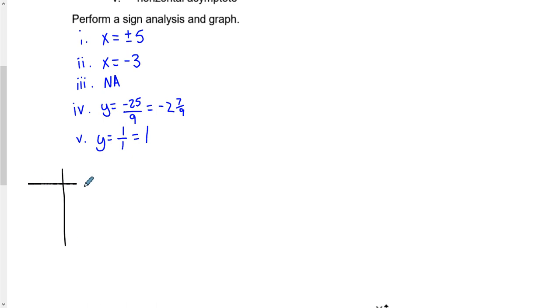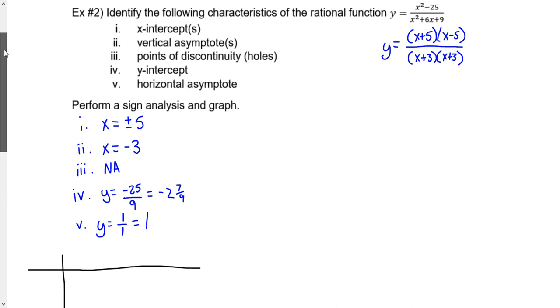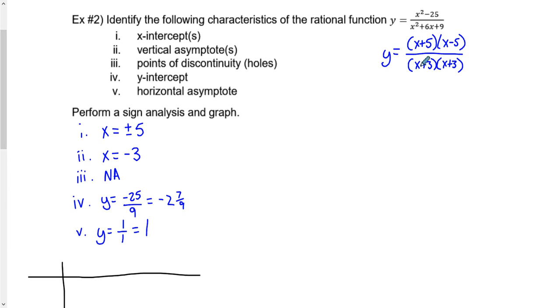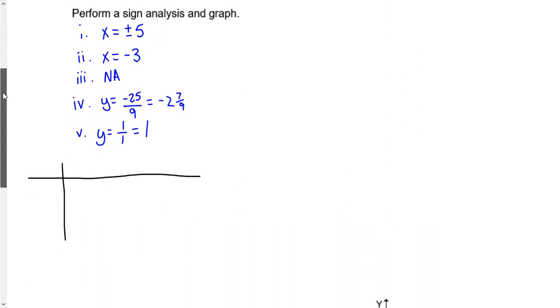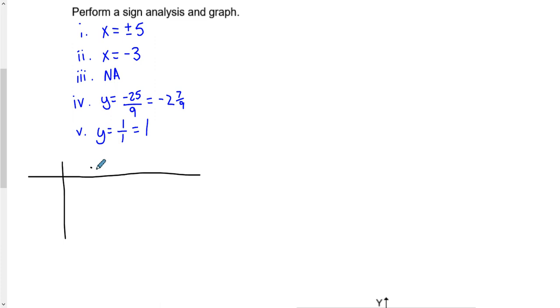Now we're going to perform a sign analysis and graph. So sign analysis means we're going to put all of our zeros, which means the zeros of our numerator and our denominator, across the top. Well, those are these. Put them in order from left to right, which means we have negative 5, negative 3, and positive 5.